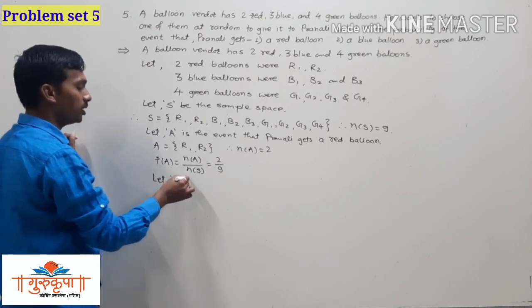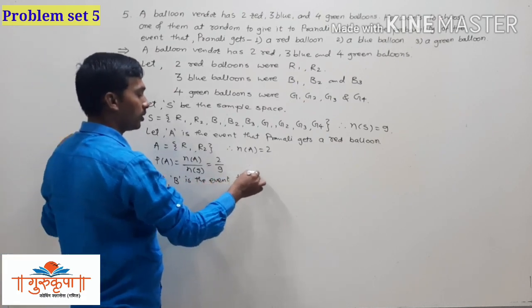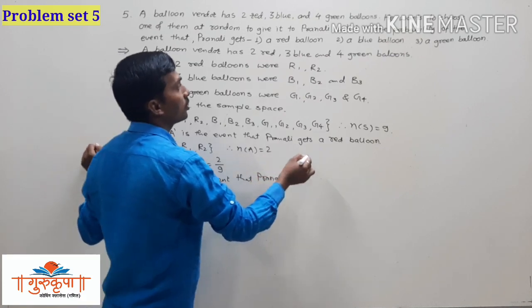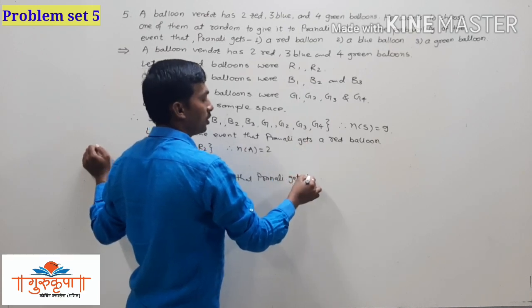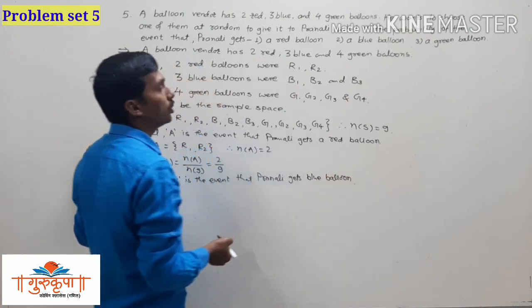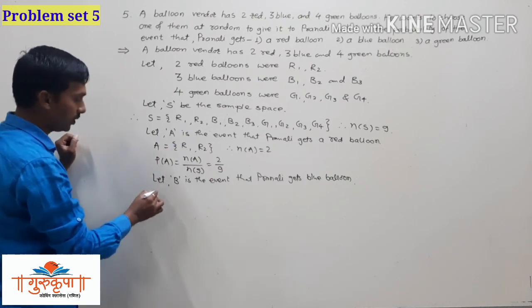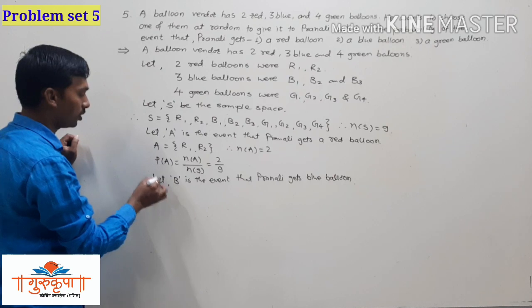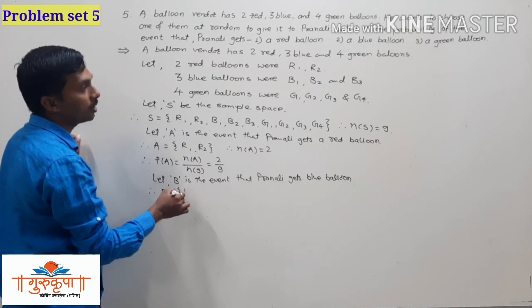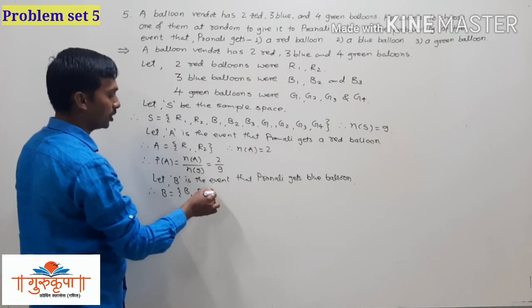Now let B be the event that Pranali gets a blue balloon. Here we have 3 blue balloons in all. So B is equal to the curly bracket B1, B2, comma B3.